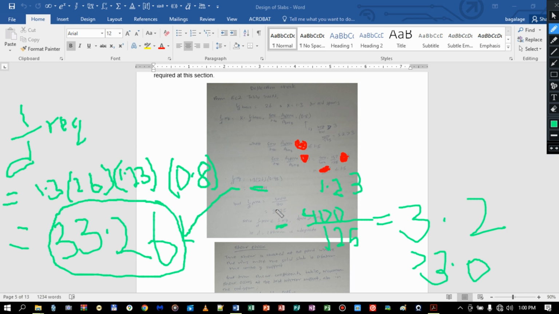This makes our rib depth adequate, whereby our rib automatically passes the deflection check. That is it with deflection.